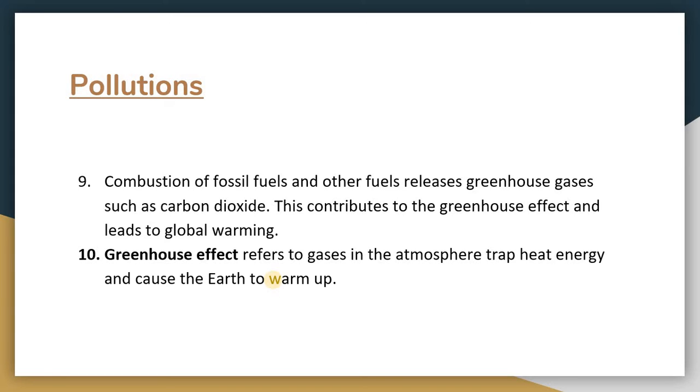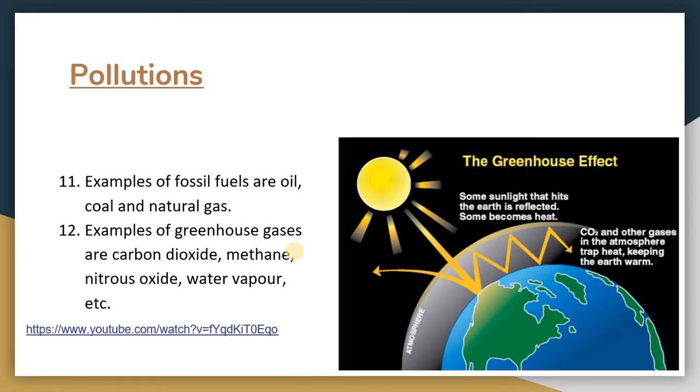So sometimes we call this global warming, which changes the temperature or changes the climate around the world. Examples of some fossil fuels are oil, coal, and natural gas. And examples of some greenhouse gases are carbon dioxide, methane gas, nitrous oxide, water vapor, etc.